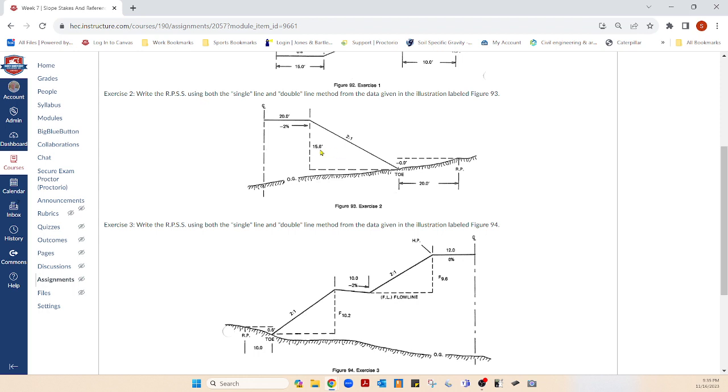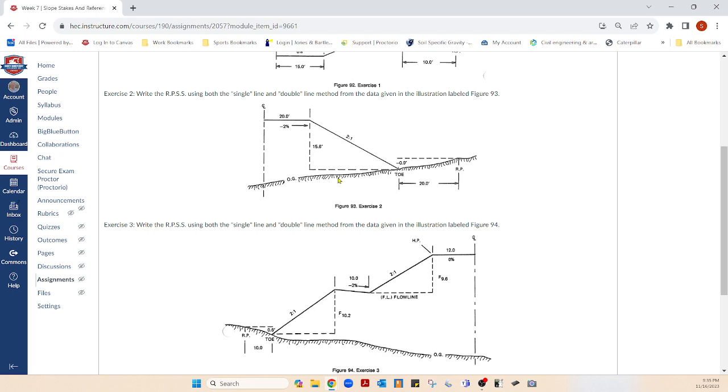15.8. Yeah, you're going to fill 15.8 and at 2 to 1. So what's this horizontal going to be? If you're going to fill 2.8 at 15, you're going to fill 15.8 at 2 to 1.